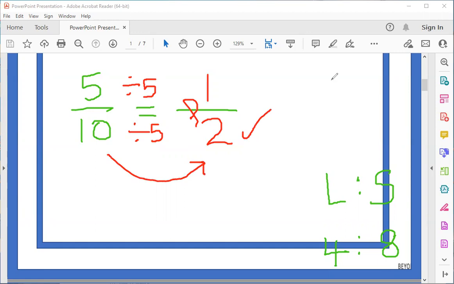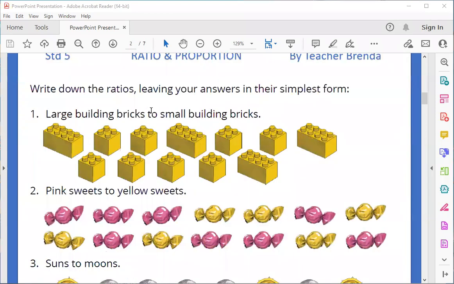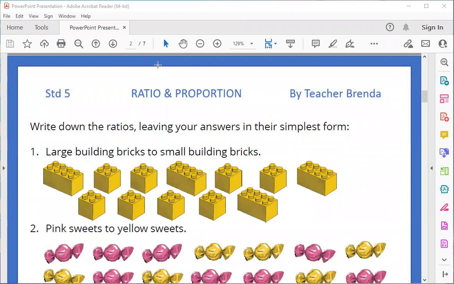In the same manner, over here, our ratio of large bricks to small bricks was the same as 4 to 8. Now, simplifying the ratio is the same as simplifying fractions. You divide both these numbers with a suitable number, a factor.